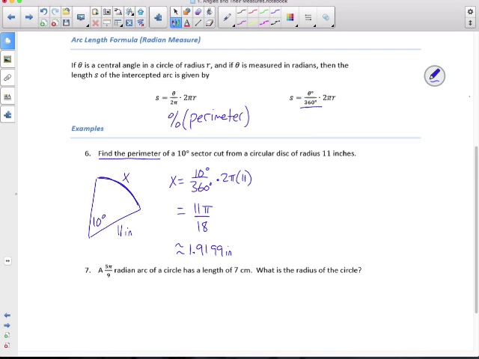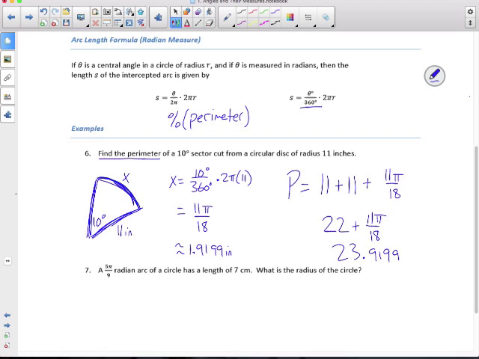So that's only the length of this arc right over here. If we want the perimeter, we need to include all the sides. Okay, so the entire perimeter is going to be 11 plus 11 plus the 11 pi over 18. Okay, which we would simplify and just say 22 plus 11 pi over 18. And if we were using our calculator, we would say that it is 23.9199 inches. It's the entire perimeter. So either one of these works.